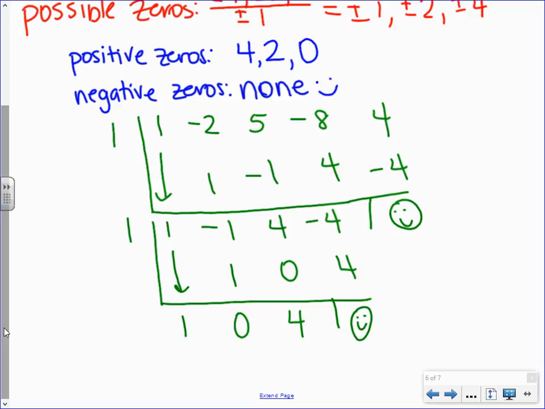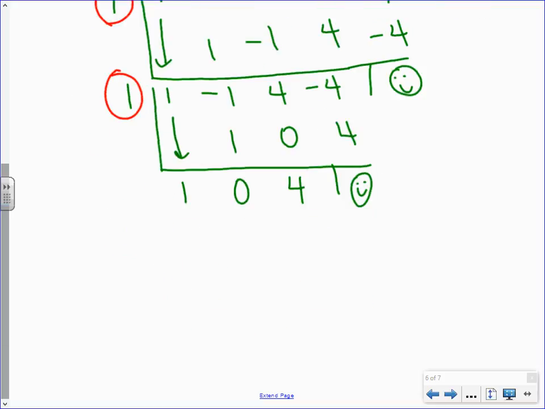But see how we got a zero to work more than once. So we have zeros of 1 and 1. Left over we have x squared plus 4.